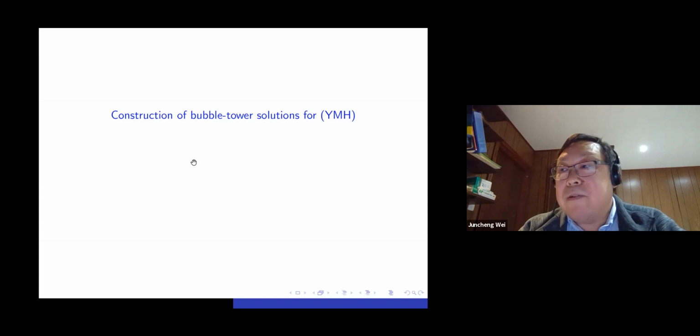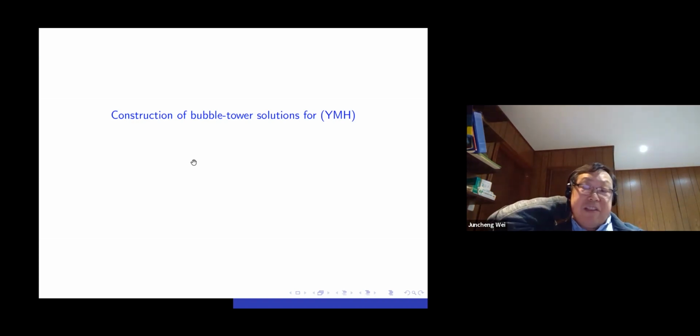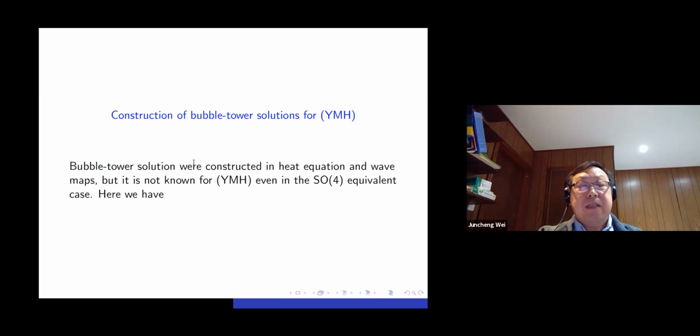Now, the second type of result I think is quite interesting, which is new. It's a bubble tower for the Yang-Mills. Bubble tower solutions were constructed for the Fujita heat equation or for wave maps. But for the Yang-Mills heat flow it is not known, even for the radial symmetry, even for the equivariant case.